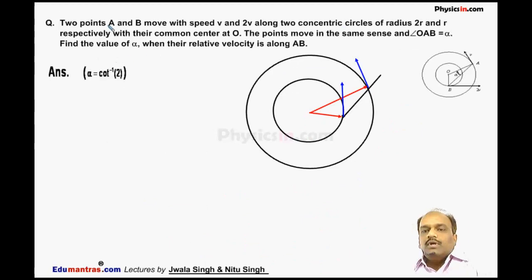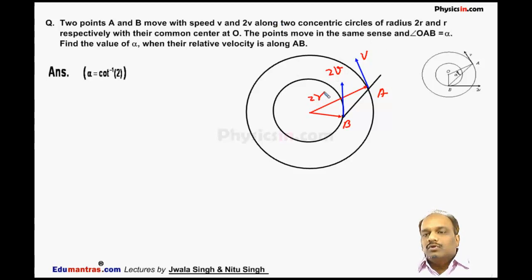Now see, two points A and B are moving with speed v and 2v. This is particle B and this is particle A. Particle A is moving with speed v and this is moving with speed 2v, the speed of particle B is 2v, on a concentric circle of radius 2r.